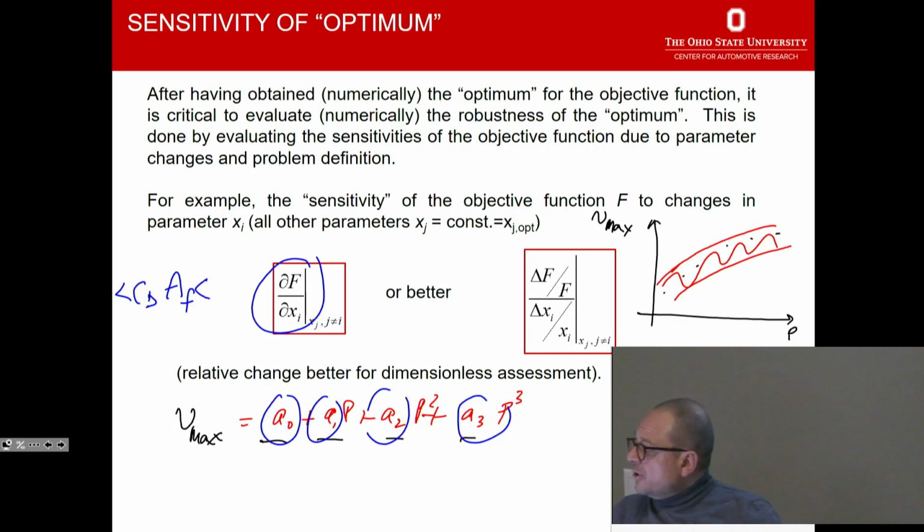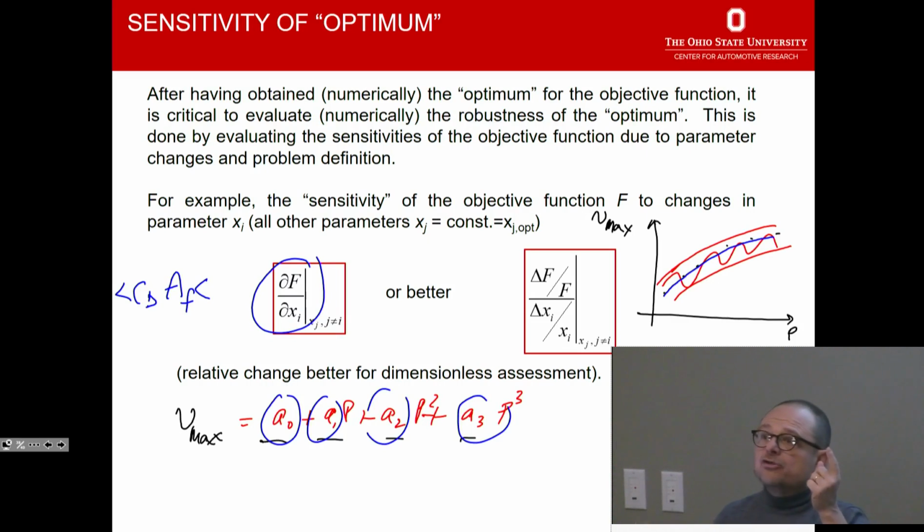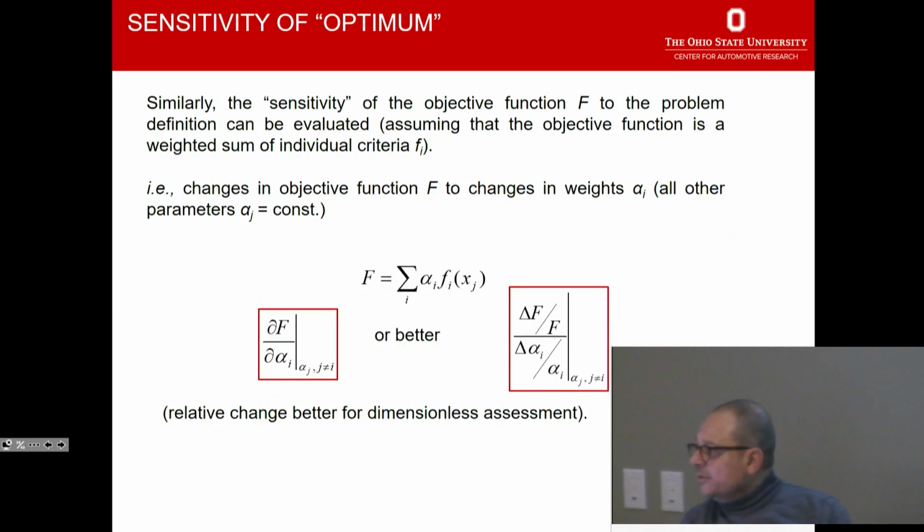Remember, I had a curve fit of this function, but that curve fit is only true for one particular vehicle design, and I don't know which vehicle design I'm going to have. The aerodynamics will change. So the idea is that evaluating the sensitivity of the objective function to a specific uncertainty in some parameters of your problem, some characteristics of your problem, is very important.